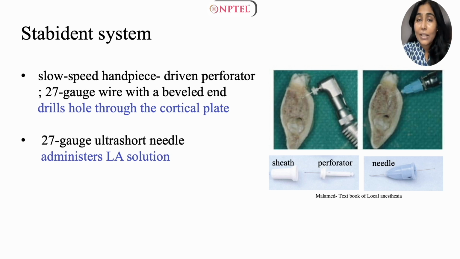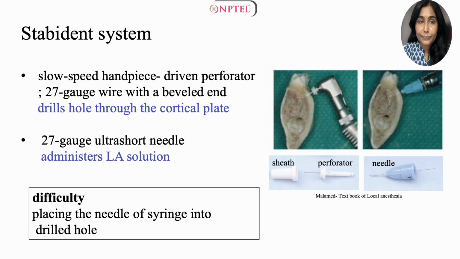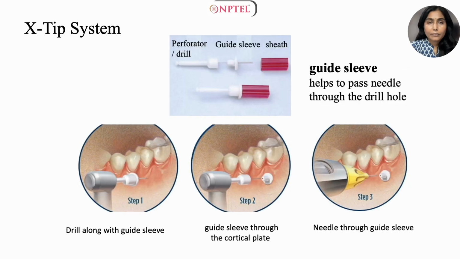Some people initially had difficulty in placing the needle of the local anesthetic syringe back into the previously drilled hole in the interproximal bone. So, introduction of X-tip eliminated this problem. The X-tip system has an additional component, a guide sleeve along with a drill.